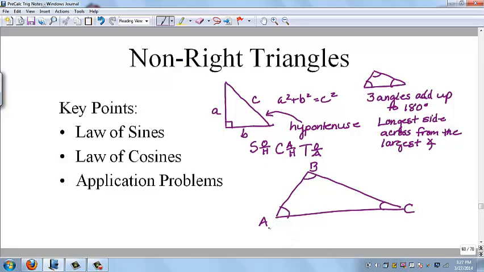Then when you determine what the sides are, we usually use little letters. So this is a small a, small b, and a small c. That's how you label it, and it makes it easier when you learn the laws to remember this background information.